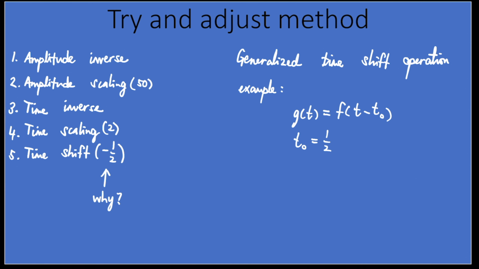So this is standard, and if t naught equals 1 over 2, then g(t) equals f(t minus 1 over 2).